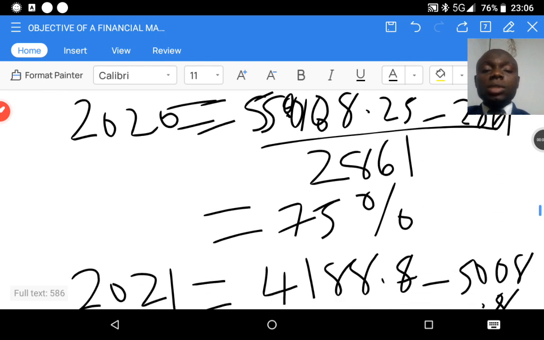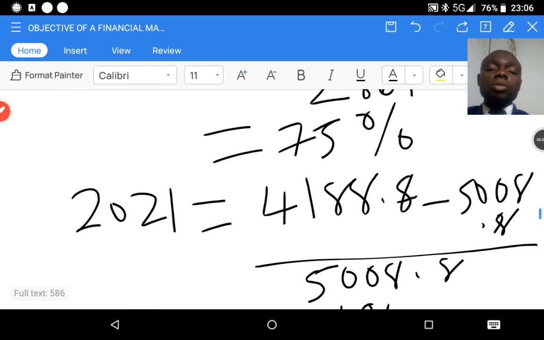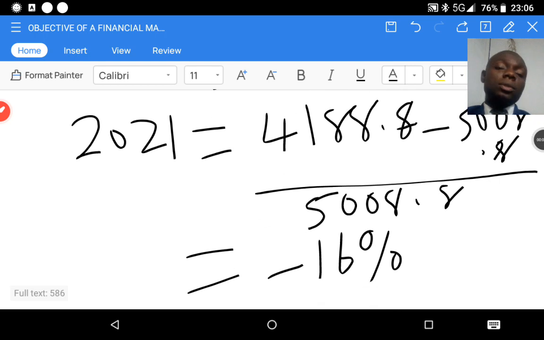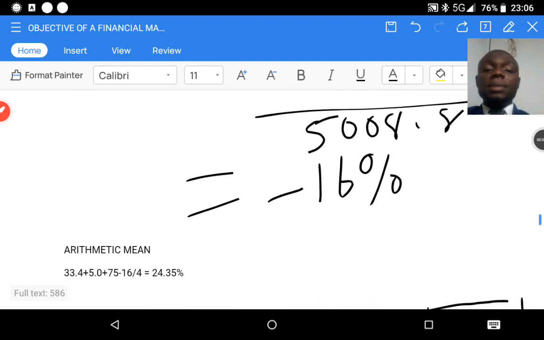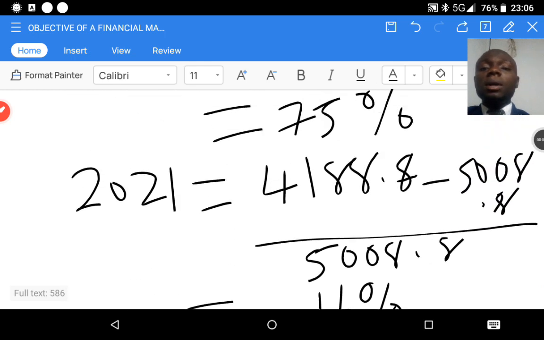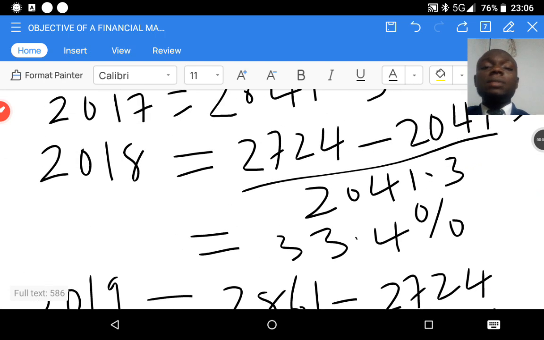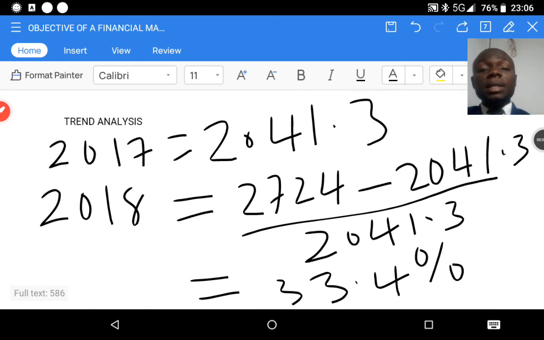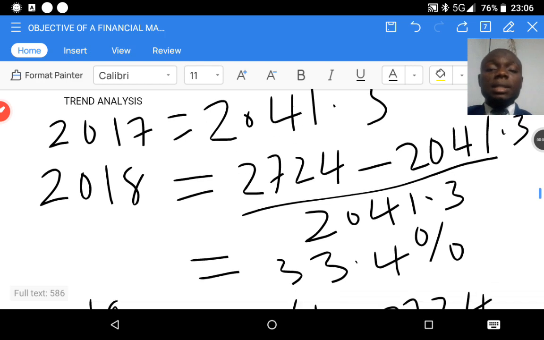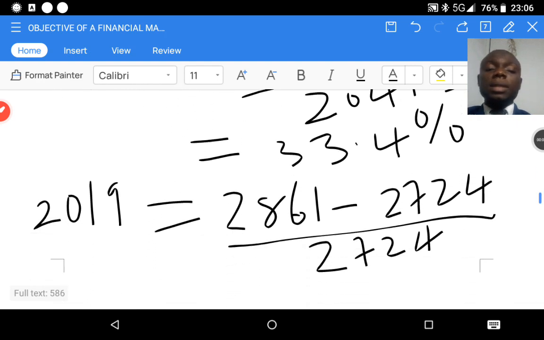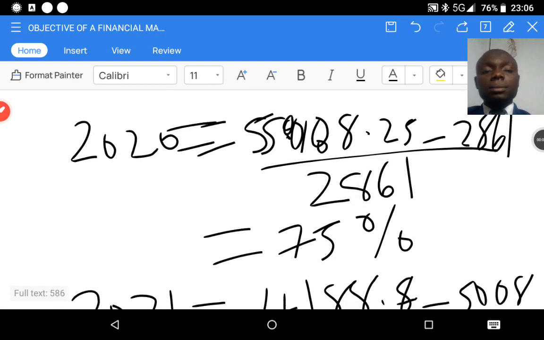In 2020 we have 75%. In 2021 we have minus 16%.